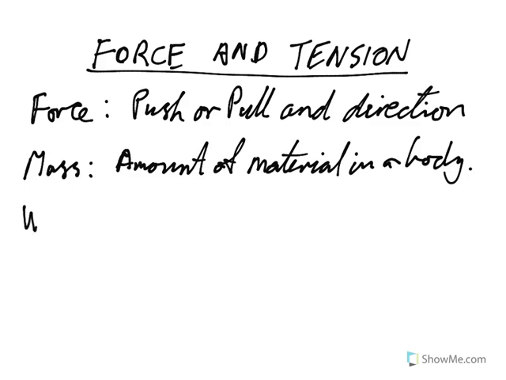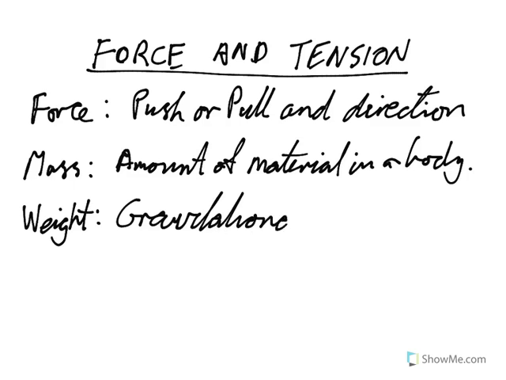Alright, the next thing is weight, and this is where, in science, mass and weight are different things. In everyday language we call them the same, but in science and maths it's different. So weight is the gravitational force.